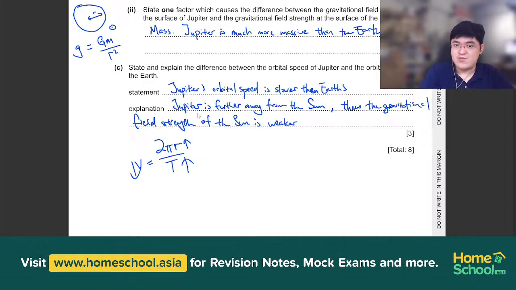Sorry, Jupiter is much further away from the sun, and thus the gravitational field strength of the sun, so we say, there is weaker than the field strength at Earth.